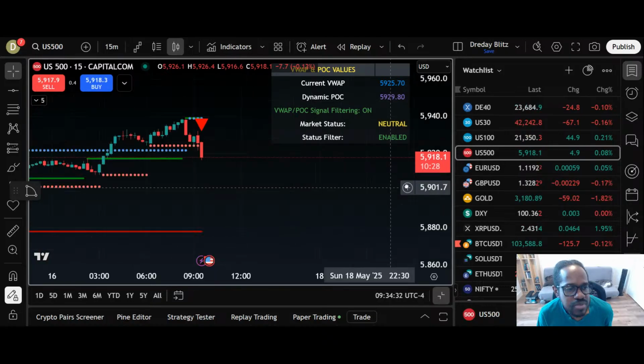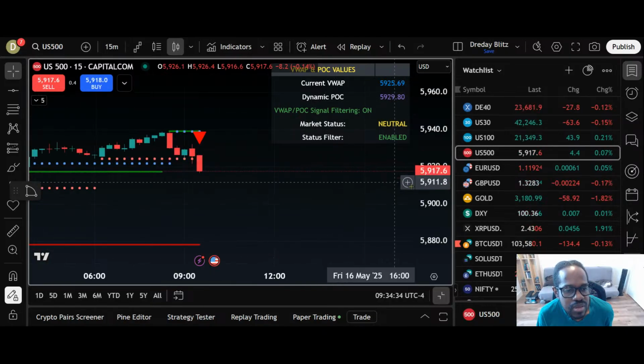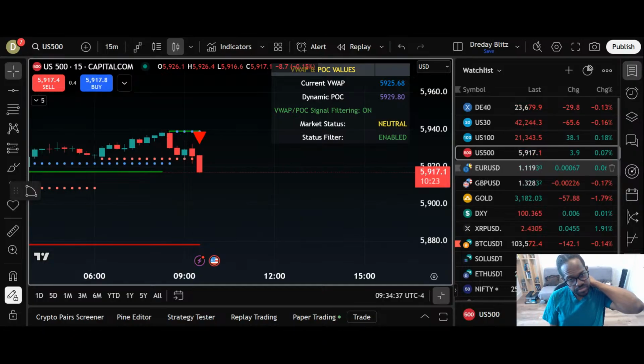Okay, so that's S&P 500. That is breaking out of a level.